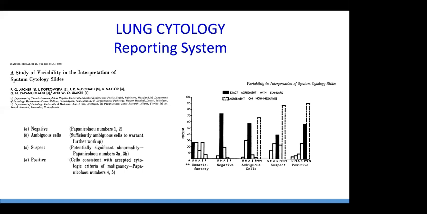This is one of the first systems used for reporting lung cytology. It was used by Dr. Papanicolaou, and it was published in Cancer Research in 1966. They divided lung cytology into 4 categories: negative, ambiguous, suspect, and positive.